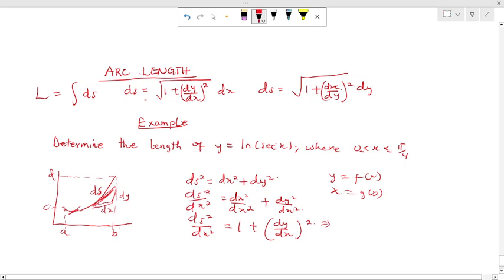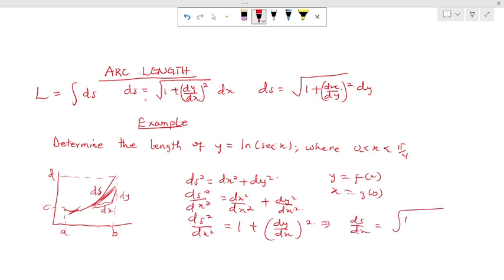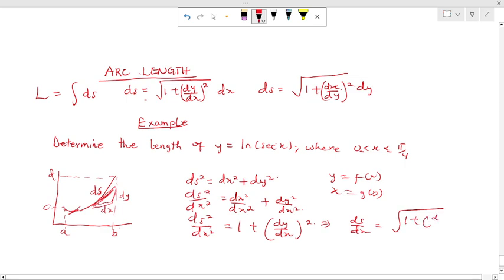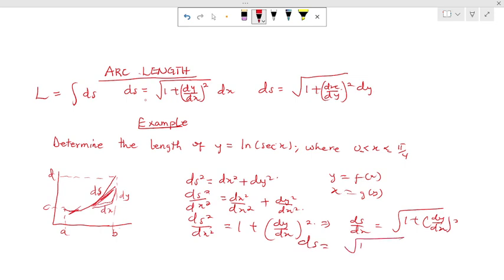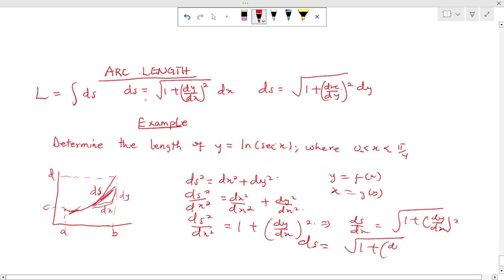So I'm going to have ds over dx will be equal to the square root of the expression 1 plus open brackets dy over dx all squared. Then my ds is simply equal to the square root of the expression 1 plus open brackets dy over dx all squared multiplying dx. And this is exactly the formula we have up here, right?